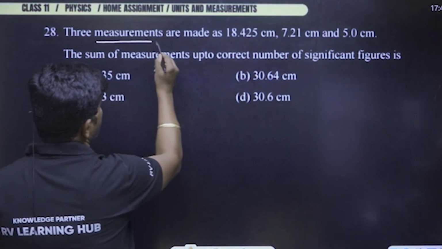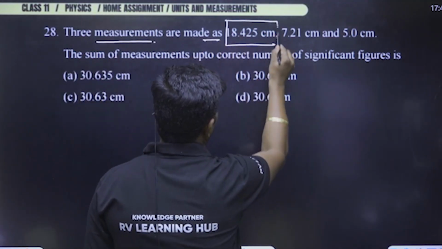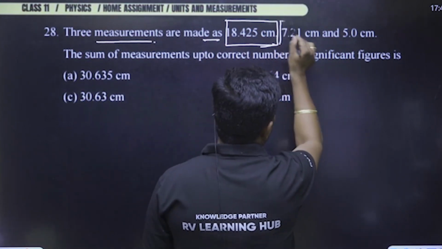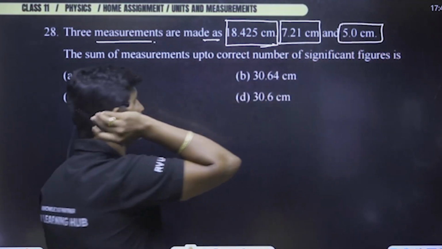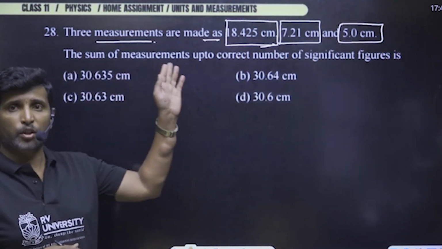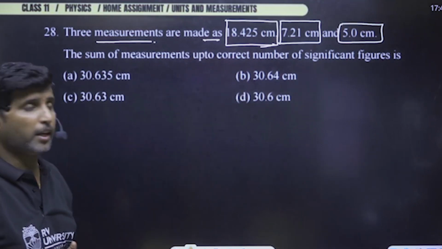Three measurements are made. One is 18.425 centimeter, and the other one is 7.21 centimeter, and the other one is 5.0 centimeter. Is it right? The sum of the measurements up to the correct number of significant figures, okay.